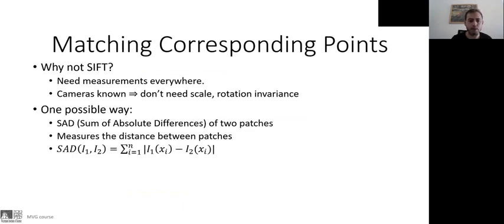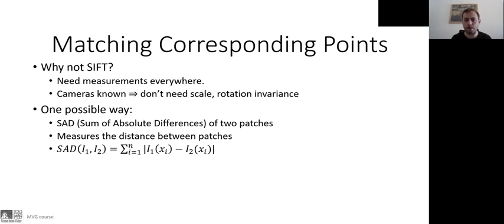One possible way is to use SAD, which means sum of absolute differences of two patches. So we have two patches and we need to calculate the distance between them. We just go over every pixel in the two patches, find the absolute difference, and sum over the absolute differences of all the pixels in the two patches.